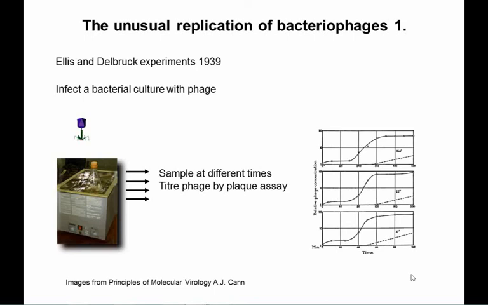Okay, so the plaque assay, what is that? How do you count individual viruses? Because we said one of the problems here is that they're too small to be detected directly. How does a plaque assay work?